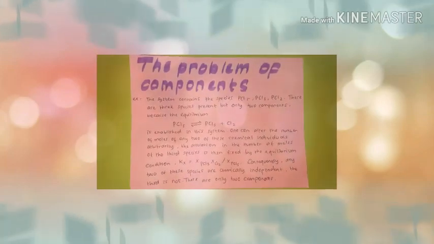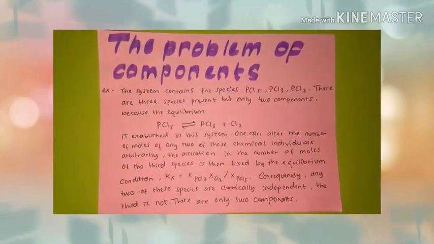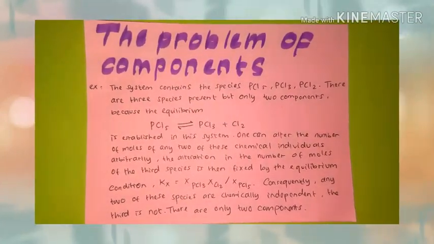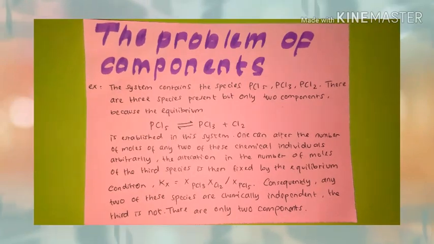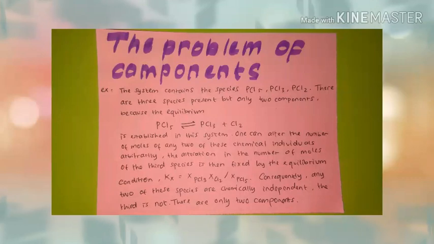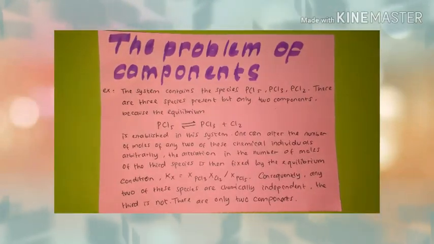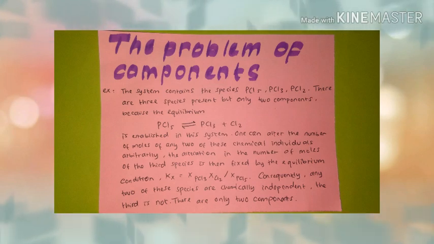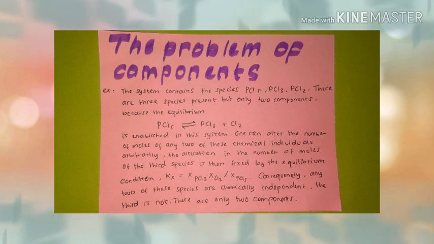The last, the problem of components. For example, the system contains the species PCl5, PCl3, and Cl2. There are three species present but only two components, because the equilibrium PCl5 into PCl3 plus Cl2 is established in the system.